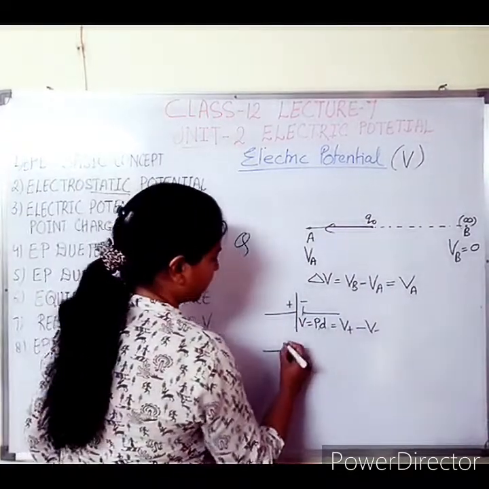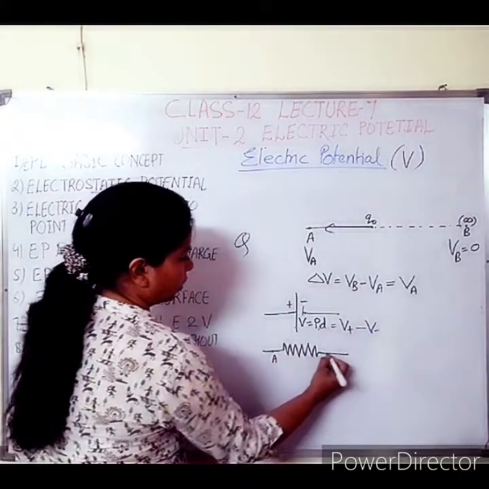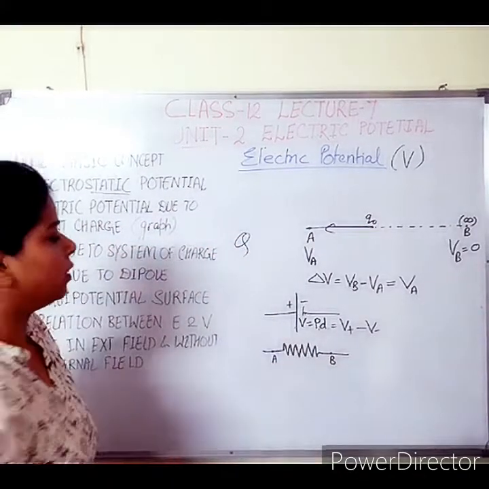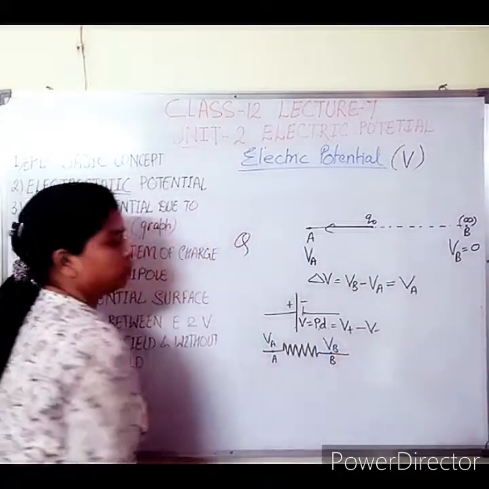Again, if we take the case of a resistor in a circuit, across the resistor we have taken two points A and B. Potential at point A is VA, potential at point B is VB.